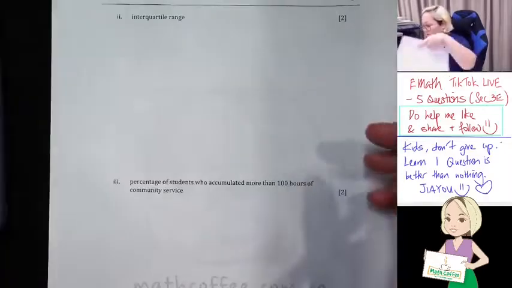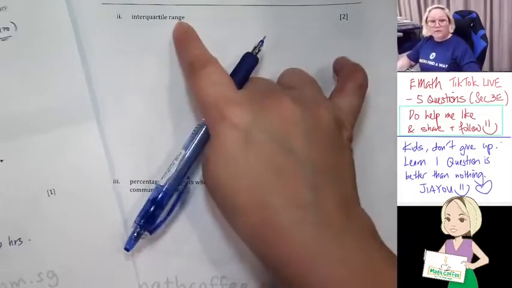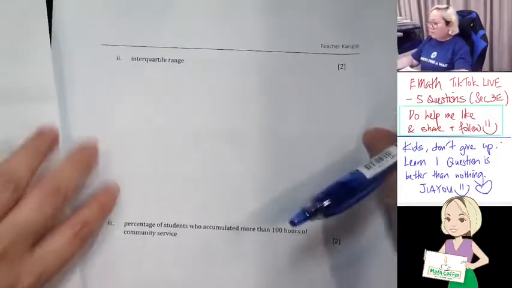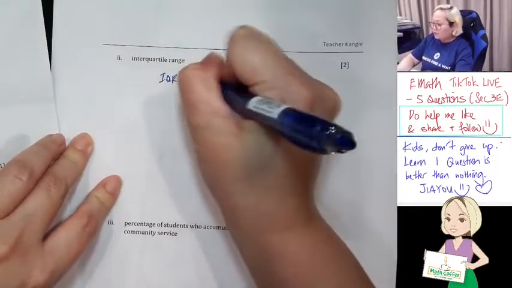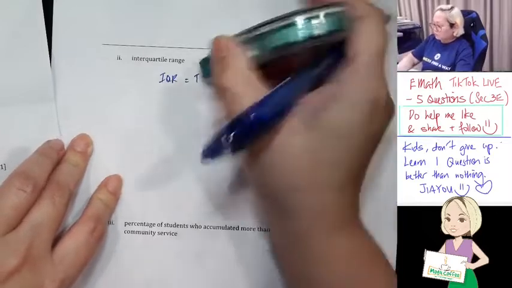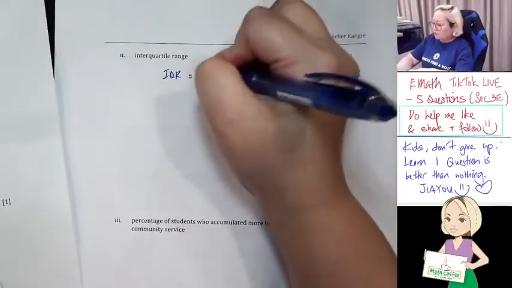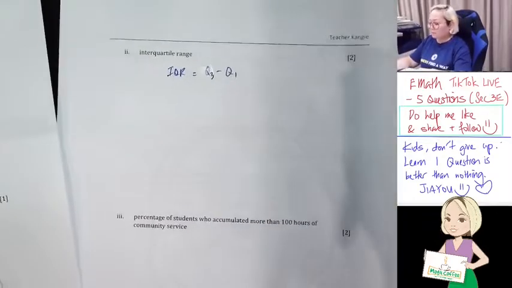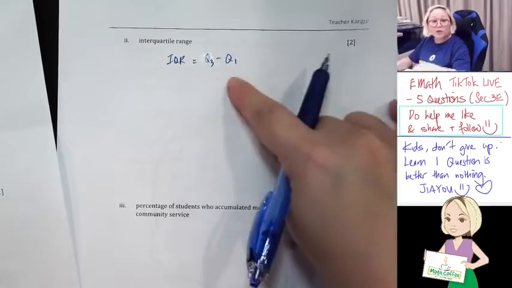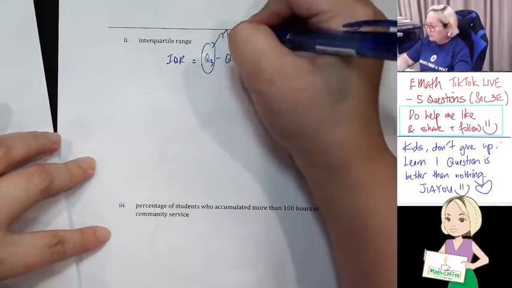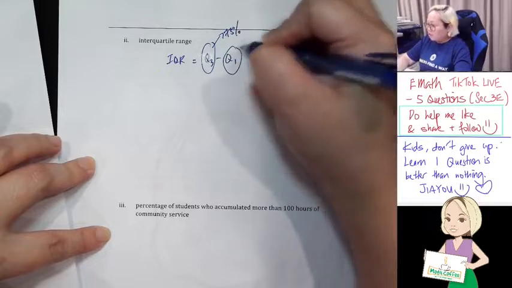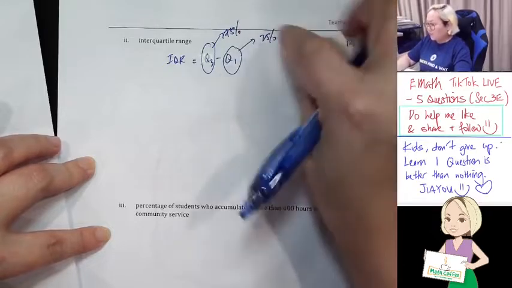Now interquartile range. Please remember that interquartile range is Q3, quarter 3, minus quarter 1. Q3 is 75%, Q1 is 25%.